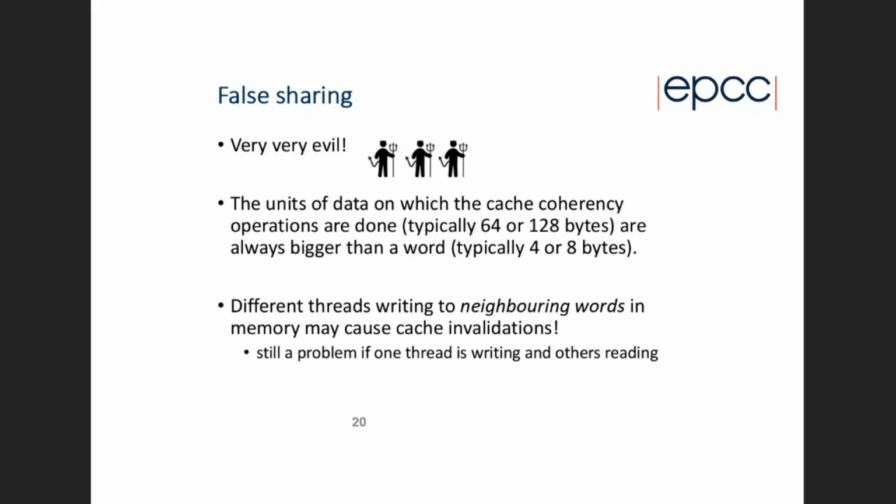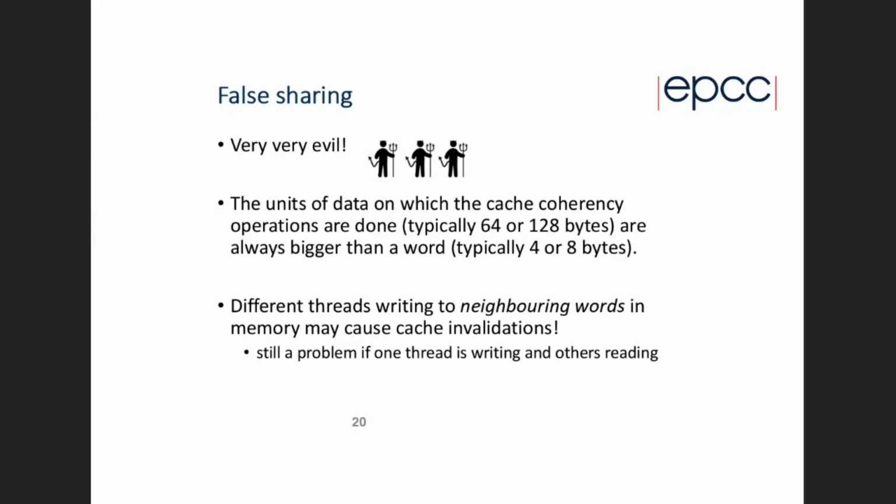So the problem that can happen here is that if you have different threads writing to neighboring words in memory, that can still cause cache invalidations to happen. You're not logically sharing any values between threads.